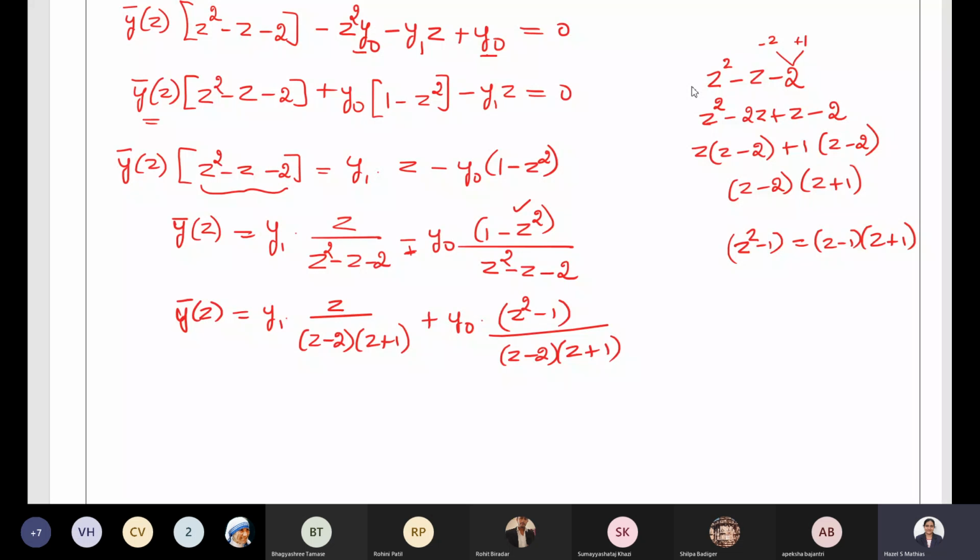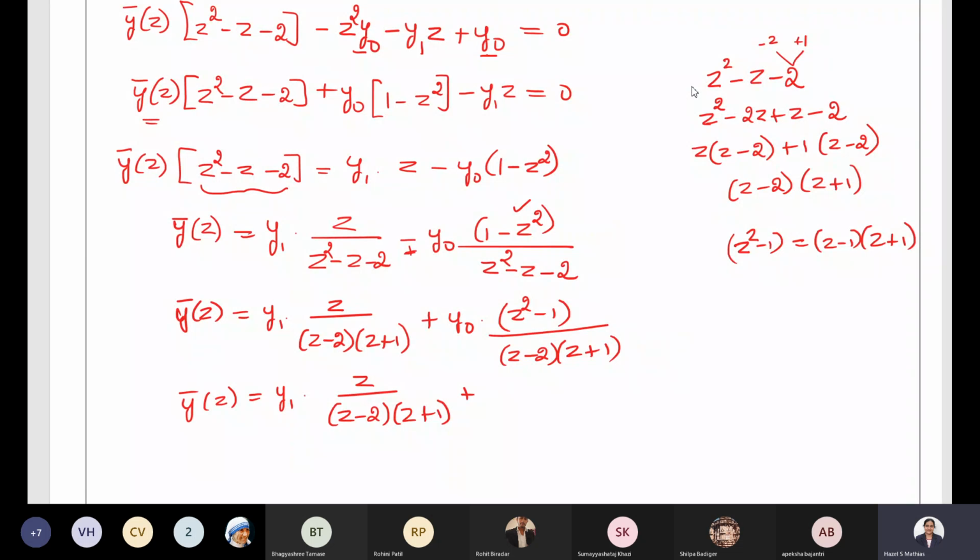Okay. So when we write like that, what happens? One term in the denominator gets cancelled. Let's check whether we can do it. Y1 into z by z minus 2 into z plus 1. Whether keeping it like that is better or simplifying is better. If we cancel out z minus 1, z minus 2 remains in the denominator. You can do it in both ways.